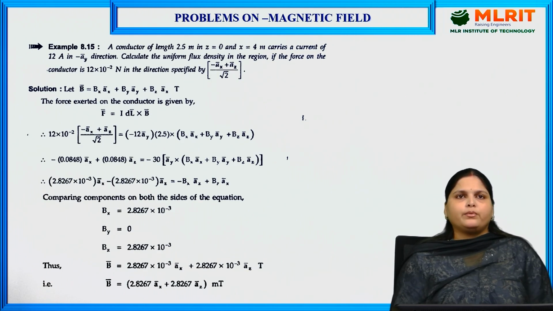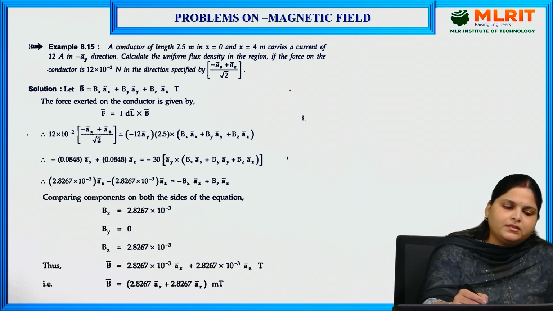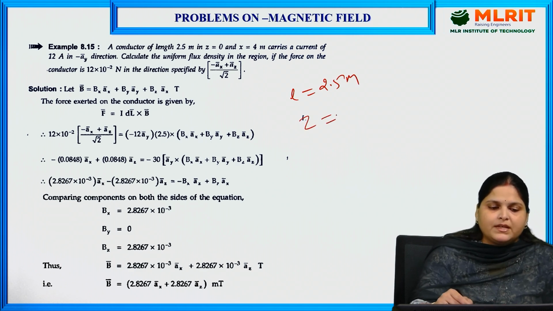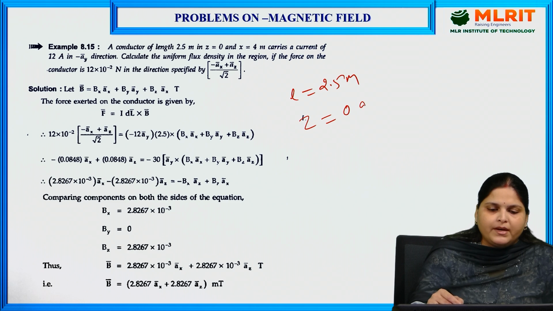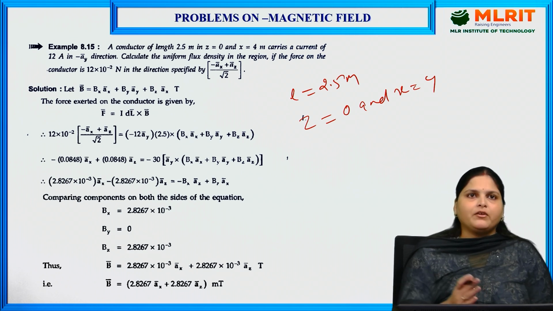Let's take another question. A conductor of length 2.5 meter is in Z is equals to 0 and X is equals to 4. It carries a current of 12 ampere in the negative AY direction.